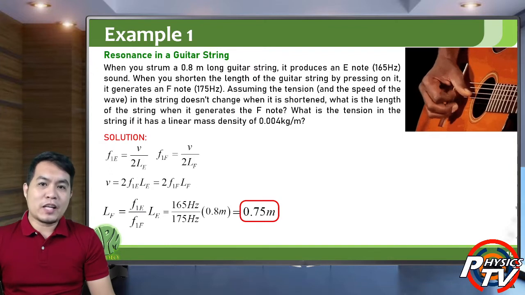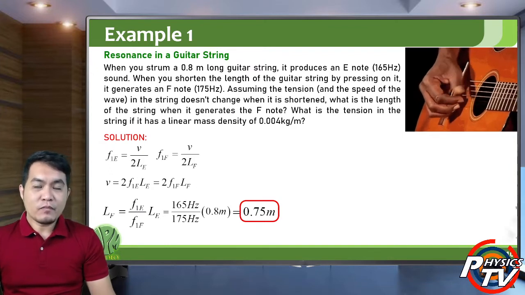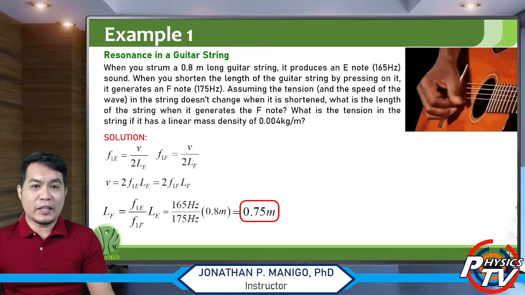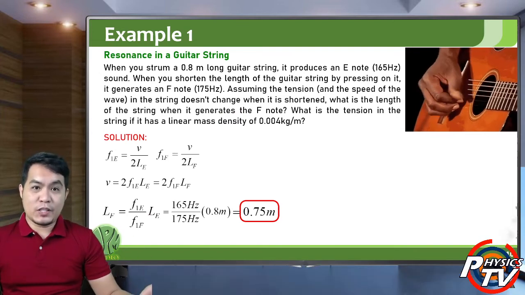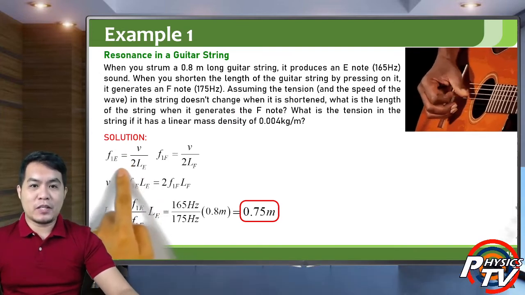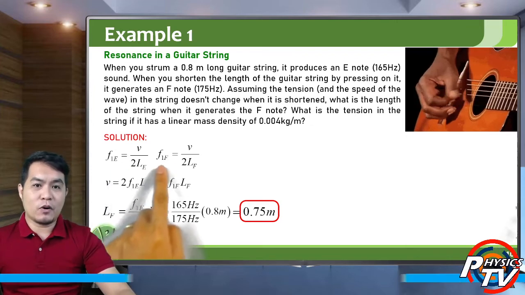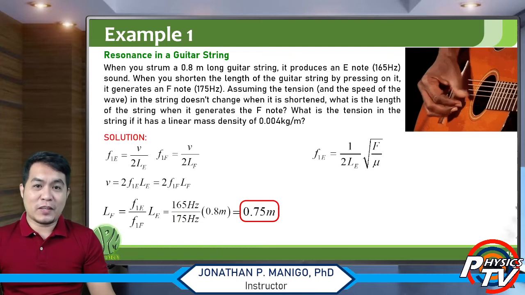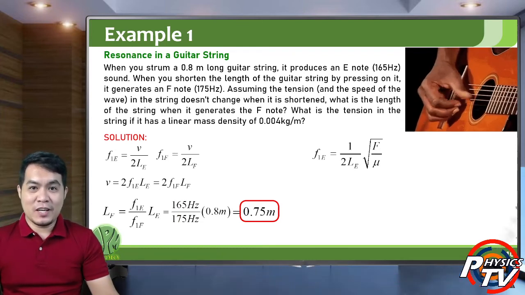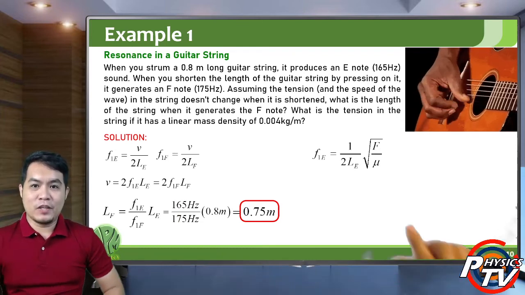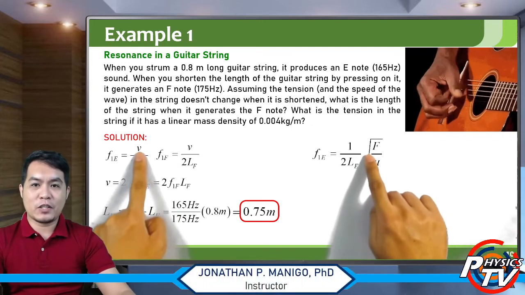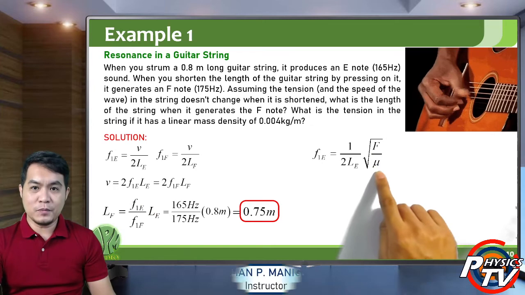The second question now is, what is the tension in the string if it has a linear mass density of 0.004 kilograms per meter? We can do this two ways. We can use the fundamental frequency equation for the E note or for the F note. But I suggest you use the E note because all of the values are given. We replace v by the square root of F over mu.